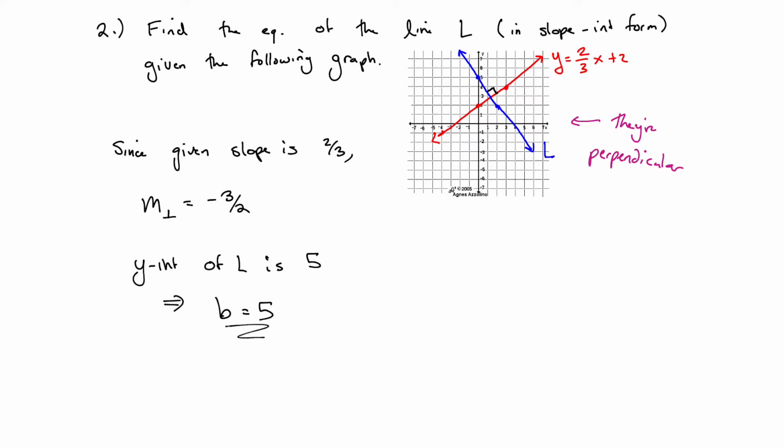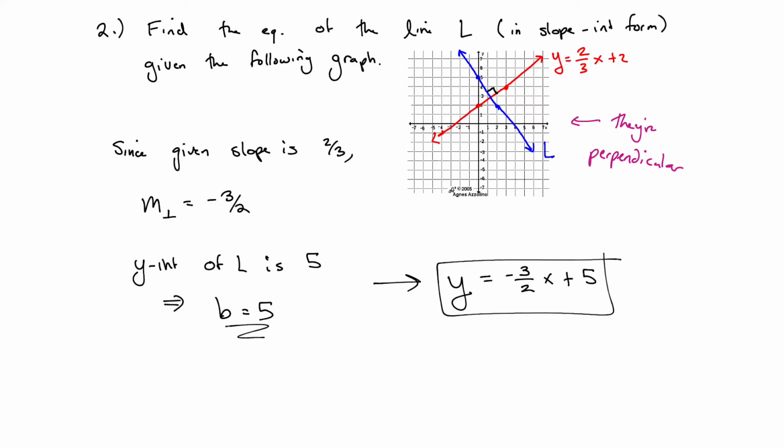So we don't have to do too much more. We can just plug and chug. So y is equal to negative 3/2 x plus 5. And we're done. That's it. If we didn't know where the y-intercept was, we'd probably have to start with point-slope form or solve for b, one of those two things. But we lucked out here. And that completes question 2.